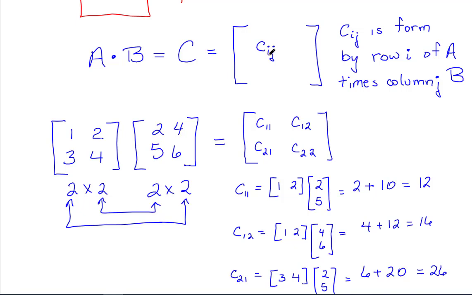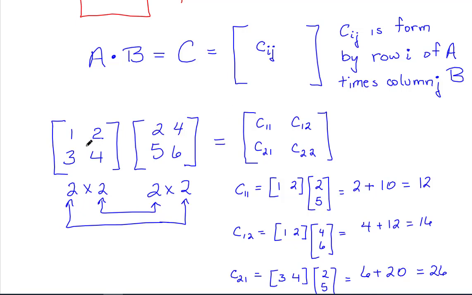They're the row position and column position. How do I get Cij? Well, I take the ith row of A and I multiply it by the jth column of B.